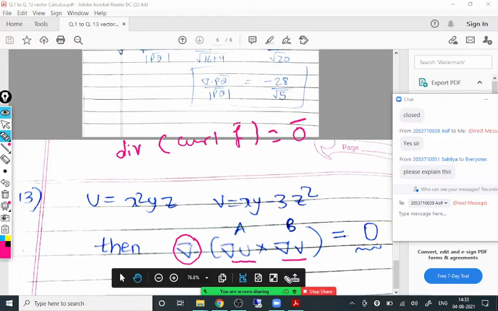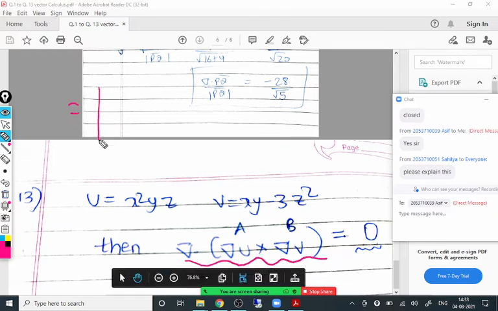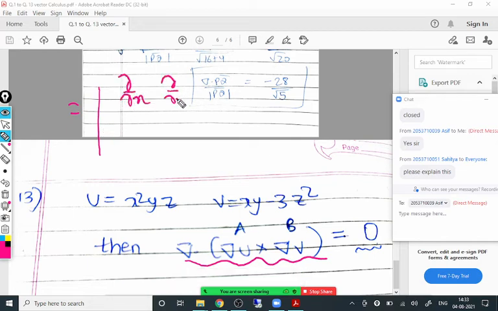One way, yes, you can write it in the box product form, or you can write it in the determinant form. There are multiple ways to complete it. One way is that this LHS can be written as a determinant. First row, dou by dou x, dou by dou y, and dou by dou z. These are the components of the del operator.